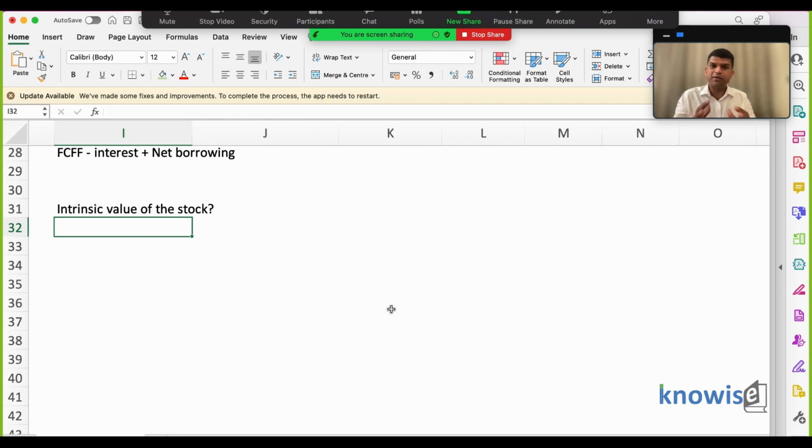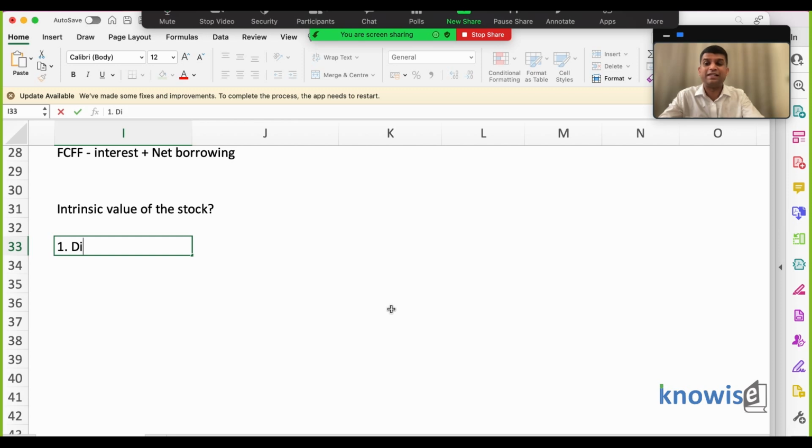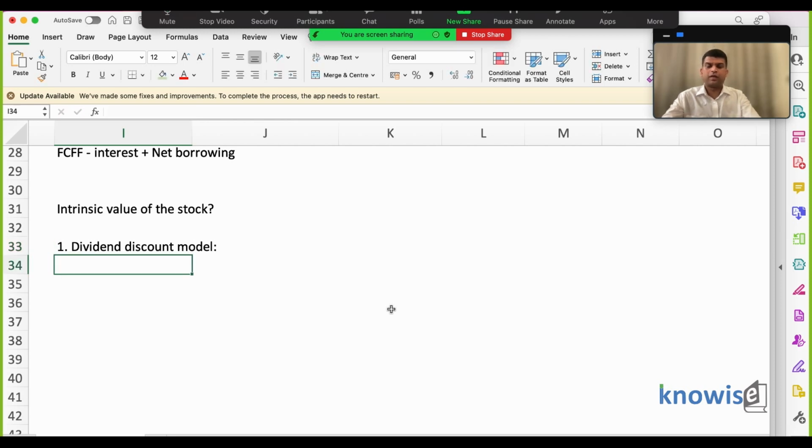There are multiple methods, but from a numericals point of view, there are 2 concepts which would be tested. One is what we call the dividend discount model, and the other is the relative valuation models, that is either on PE ratio or PB ratio, etc.